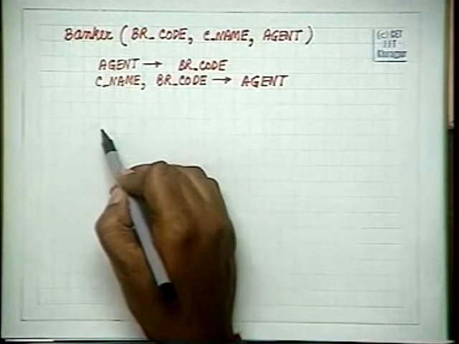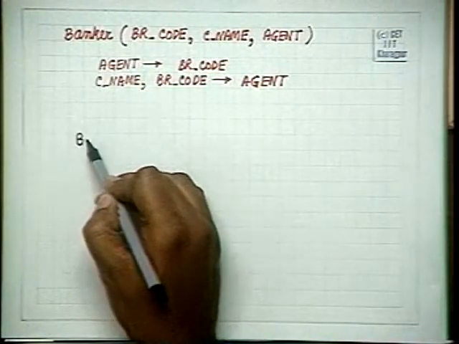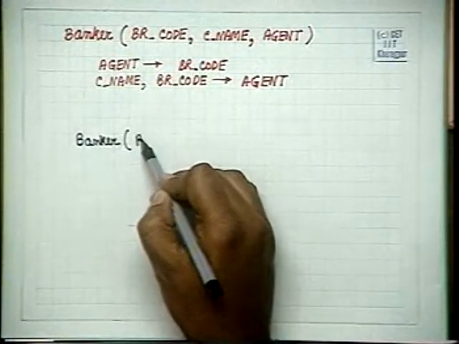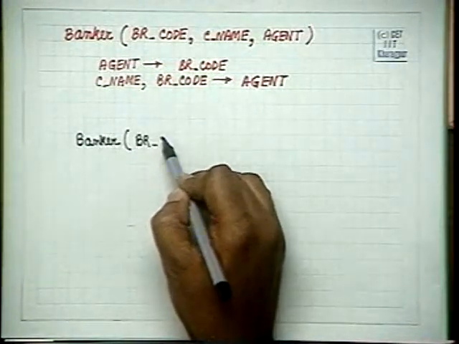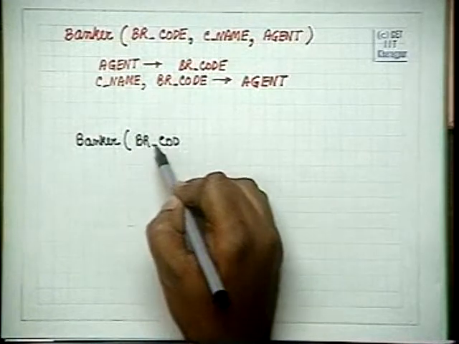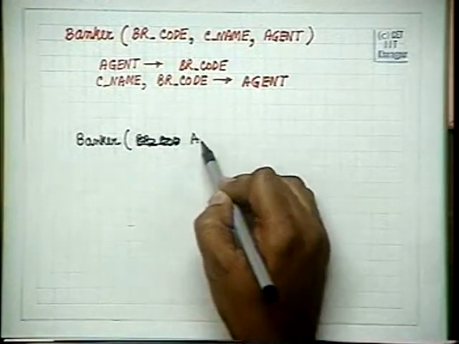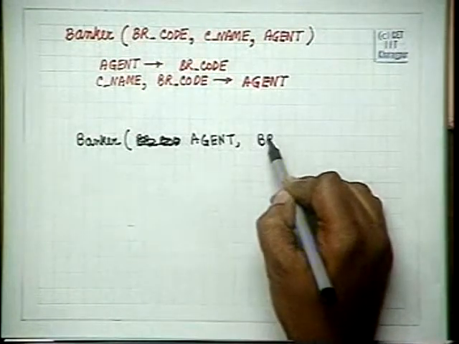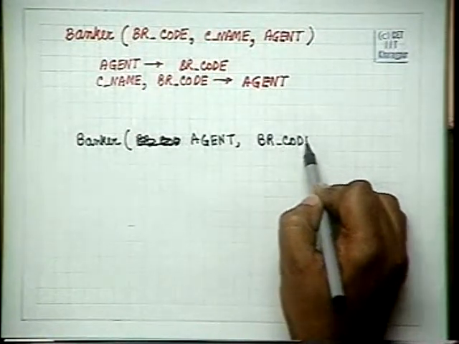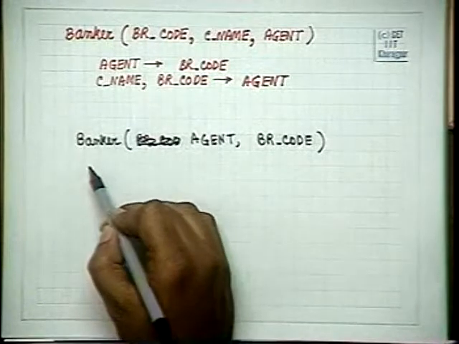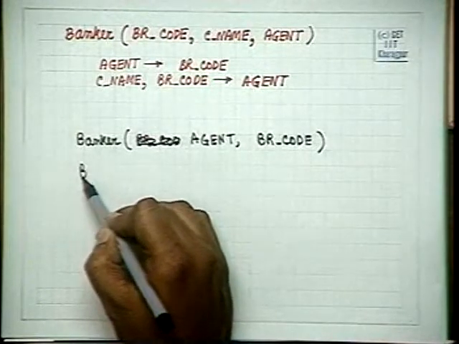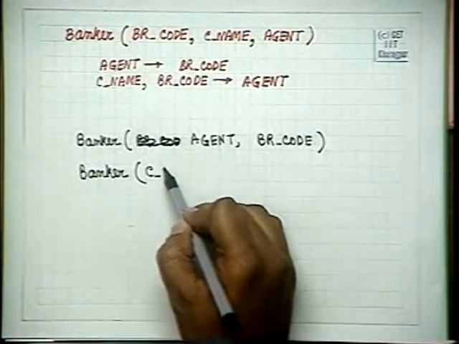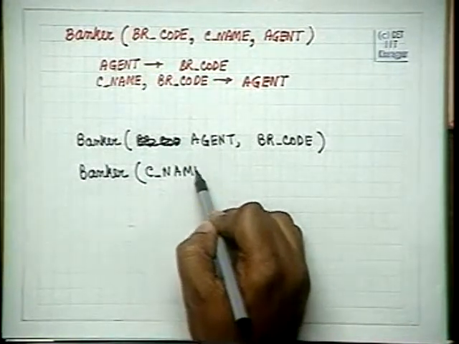Therefore, we will break it up into, sorry, one will be agent, branch code, and the second will be banker, CNAME, agent by our algorithm.